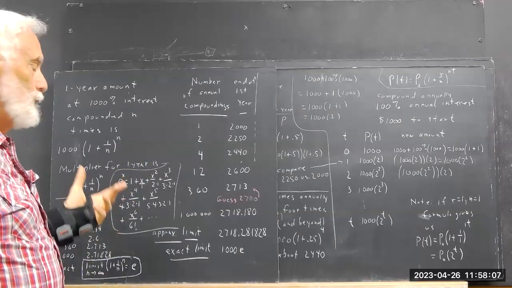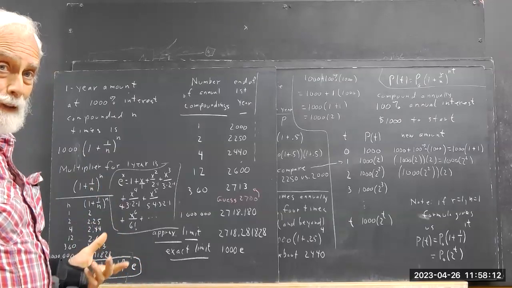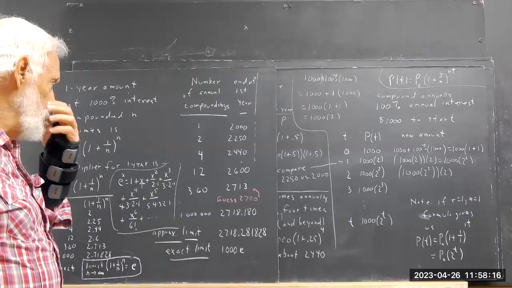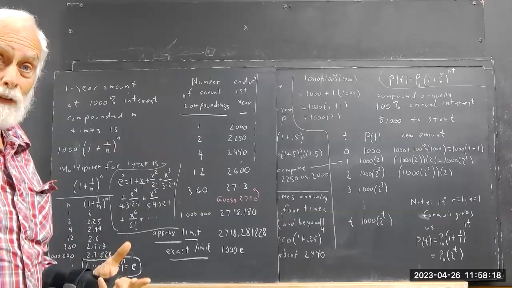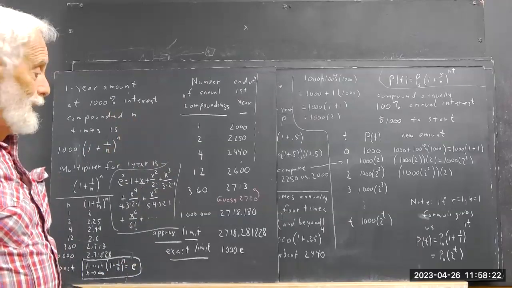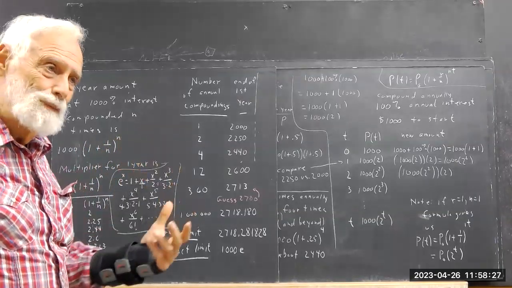Well, that's 2.5. And x cubed over 3 times 2 times 1 is 1/6, since 3 times 2 times 1 is 6. And that gets us up to about 2.667.